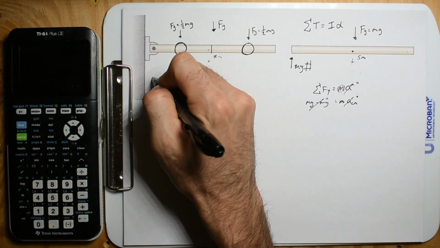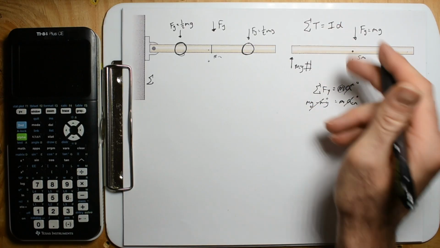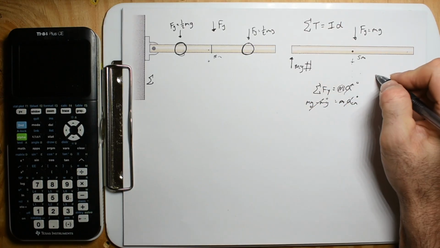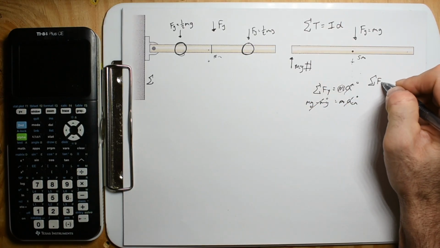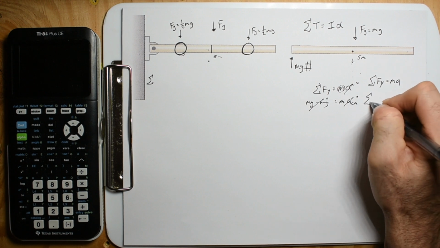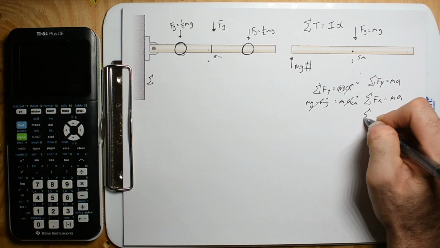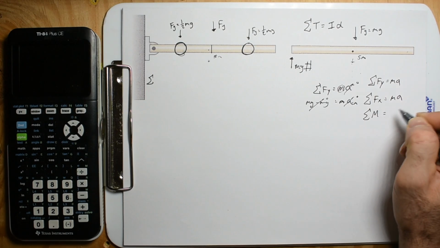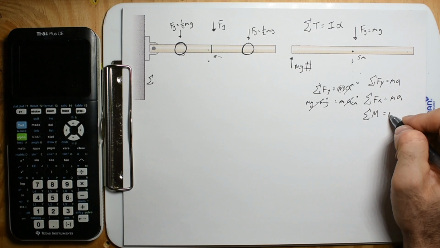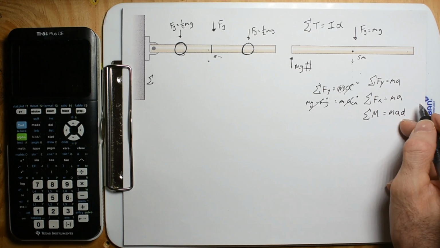All right, so let's check this out. Instead of using the torques, in statics we're so familiar with the sum of forces in y is equal to mass times acceleration, forces in x is equal to mass times acceleration, and then the sum of the moments is usually equal to 0, but I'm going to say linearly it's just mass times acceleration times d.